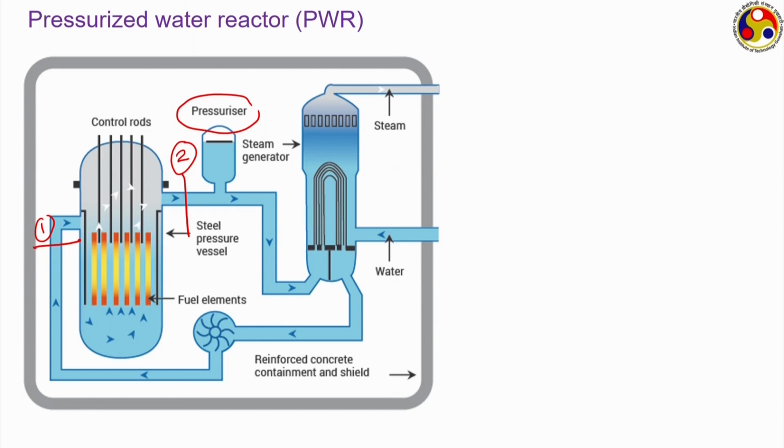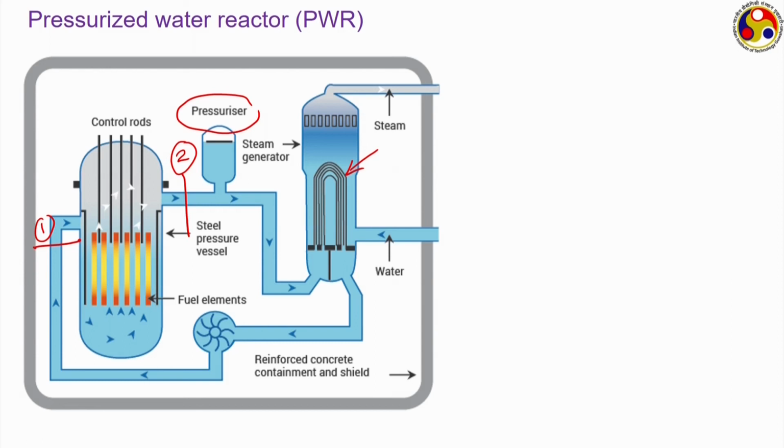We shall be talking about the pressurizer afterwards, but this liquid water is then allowed to come to a steam generator. Inside the steam generator, this liquid water, high temperature liquid water I should say, travels through heat exchanging pins or heat exchanging arrays. Outside of that, again water is flowing, but that water is not allowed to mix with the water that is coming from the reactor itself.